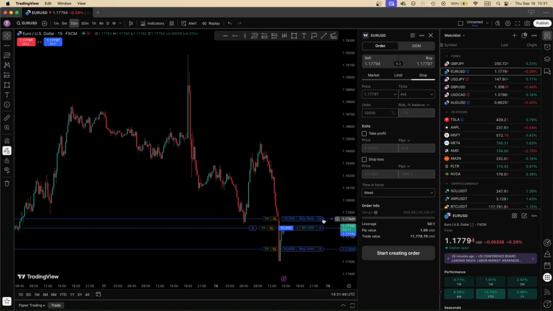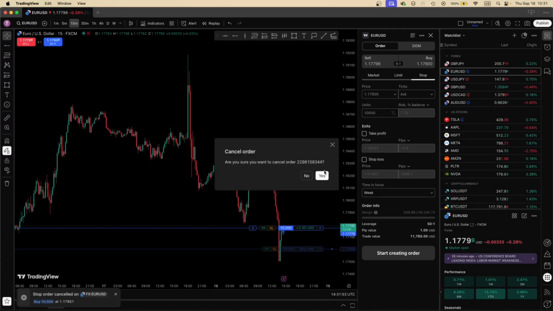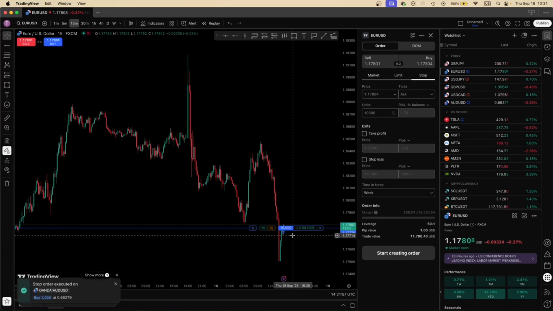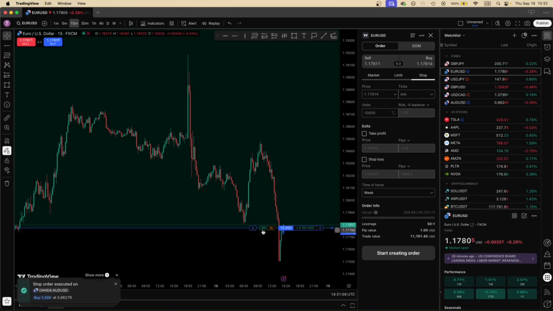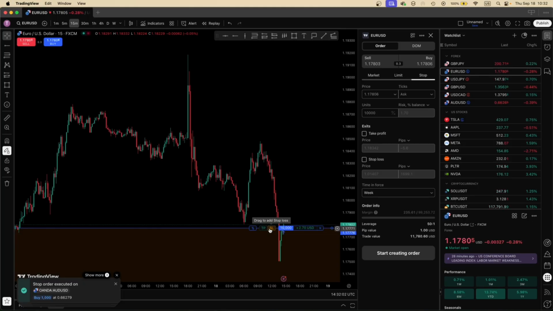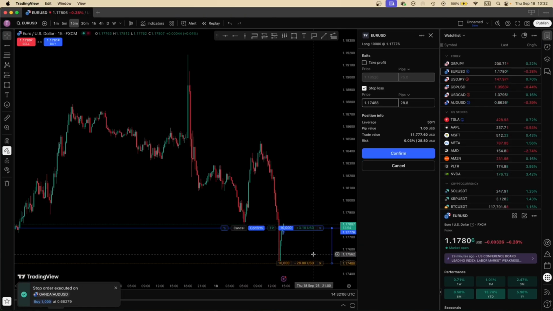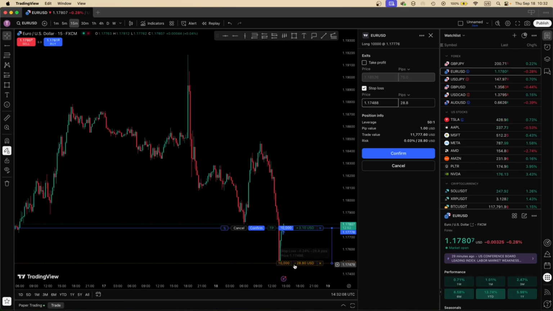So let's say now let's cancel these two orders. So currently you have this order running right now. You can say I will stop this trade if the market comes to this level. So if suddenly this kind of scenario happens, you will be out of the trade with $28.